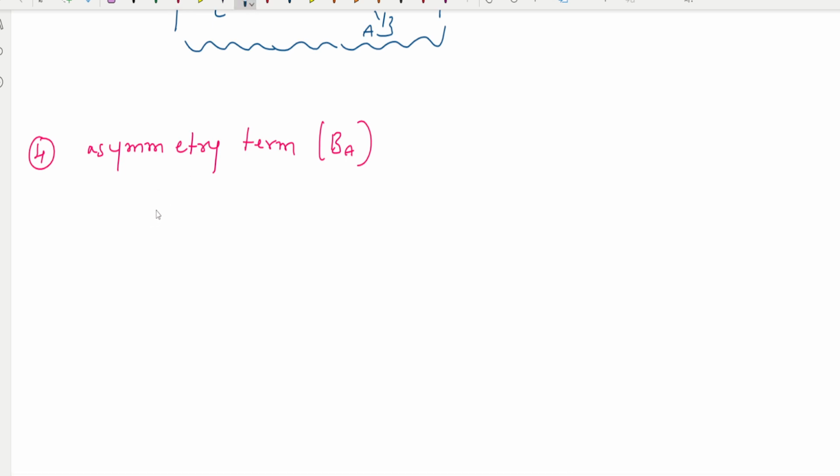The fourth term is the symmetric term, denoted by B suffix A. Due to asymmetry in the number of protons and neutrons, we know that N equals A minus Z, the neutron number.